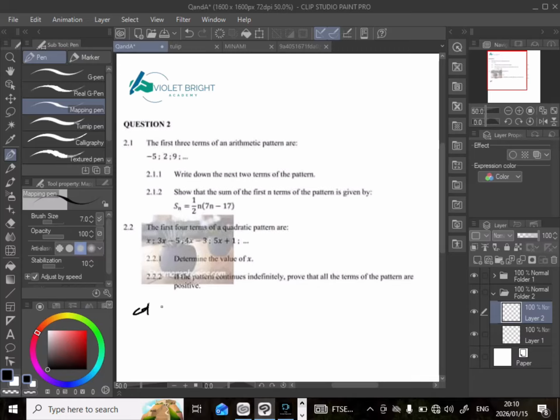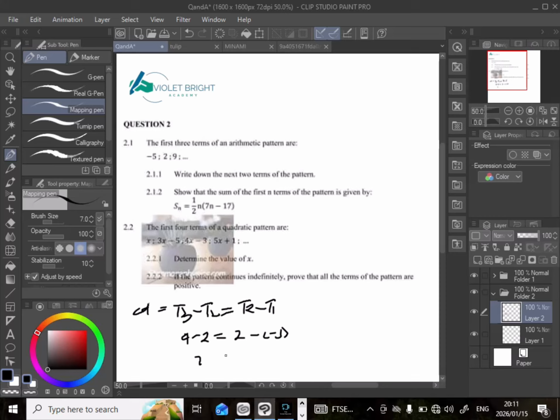Easy one. We just use what we are used to from grade 9: T2 minus T1 and T3 minus T2. So it's 9 minus 2 equals 2 minus -5.